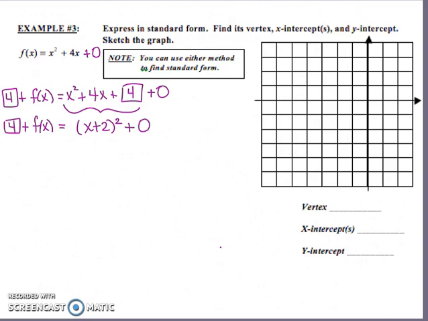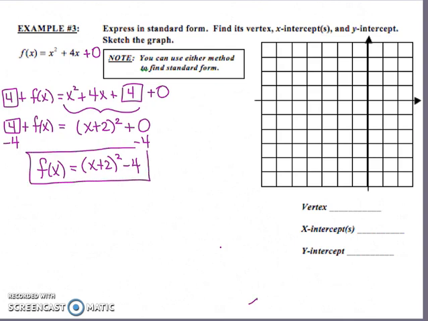So now the last step is I just need to get f of x alone. So I'm going to subtract that 4 from both sides. So my equation is going to be f of x equals x plus 2 squared minus 4. I definitely think when a is 1, this method is faster. So this is what your book would call standard and what I would call vertex form.